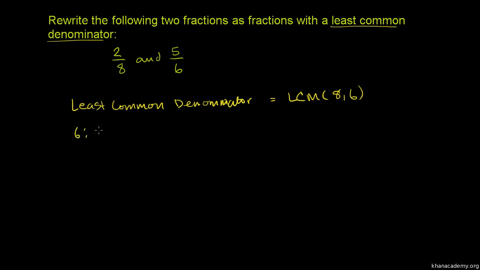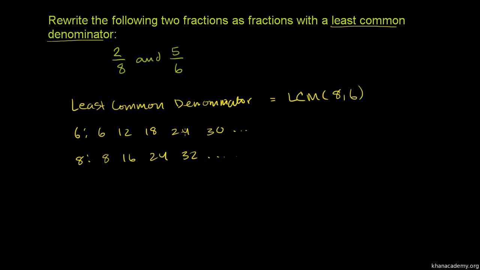So multiples of 6 are 6, 12, 18, 24, 30. And I could keep going if we don't find any common multiples out of this group here with any of the multiples of 8. And the multiples of 8 are 8, 16, 24. It looks like we're done, and we could keep going, obviously, 32, so on and so forth.